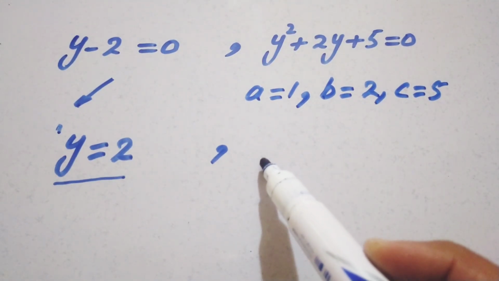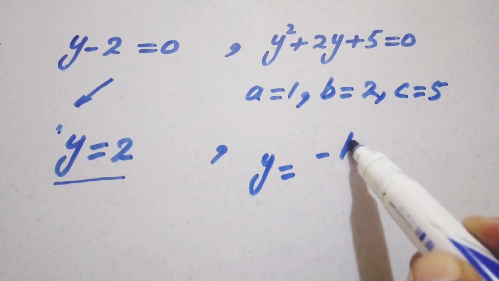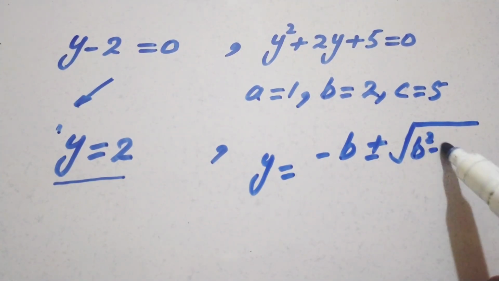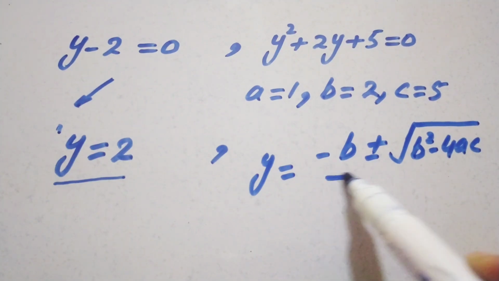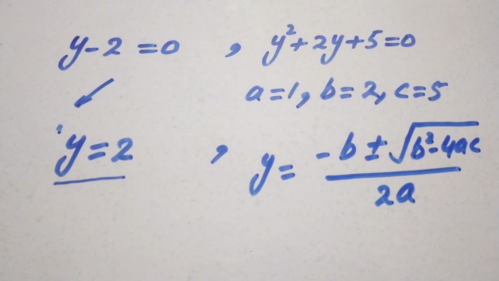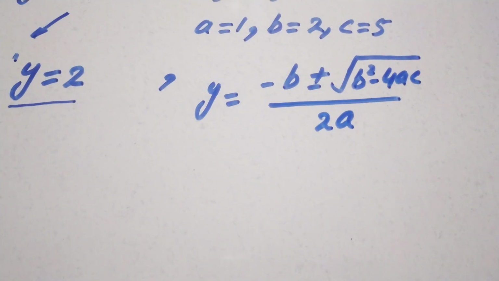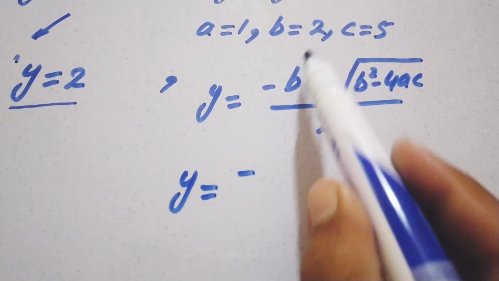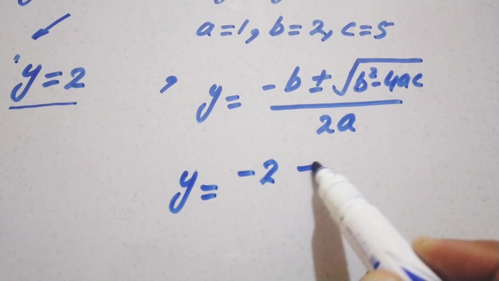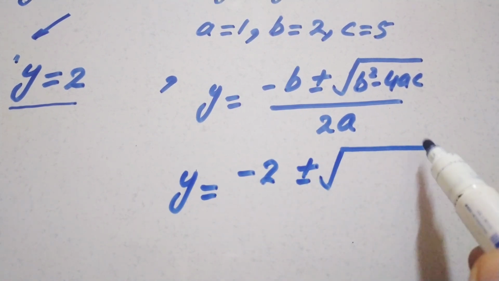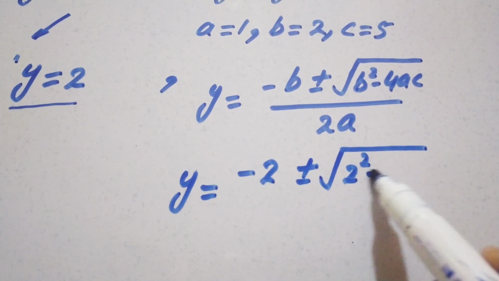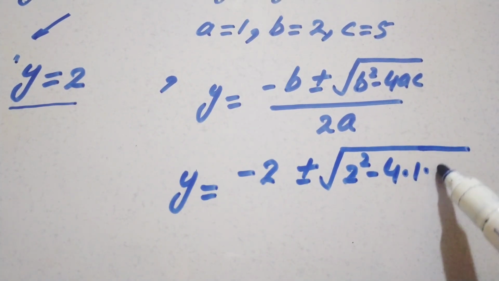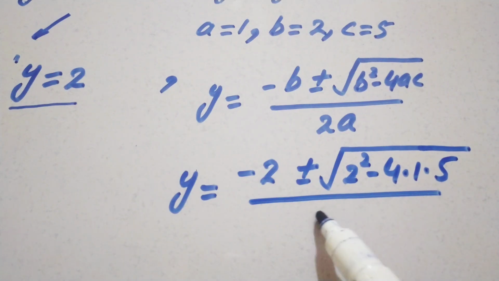So the quadratic formula is minus b plus minus square root of b squared minus 4ac divided by 2a. So now y is equal to minus b, the value of b is 2, so this will become minus 2 plus minus square root of b squared, which is 2 squared, minus 4 multiplied by a, the value of a is 1, and c, which is 5, divided by 2 multiplied by 1.